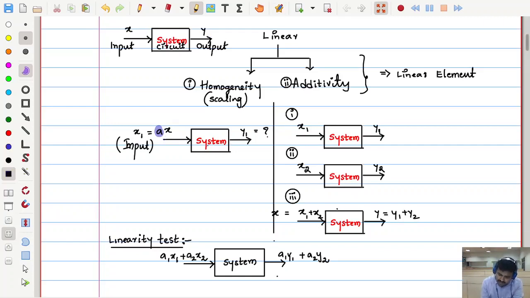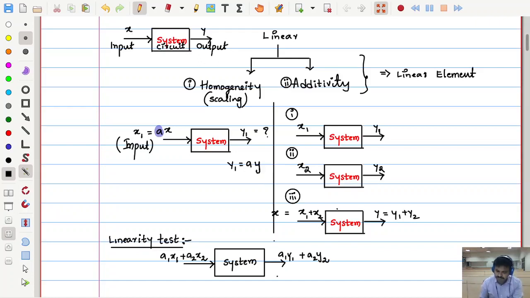Previously the input x produced an output y. If I give a times x, usually, if this system is linear and obeying the homogeneity property, this output y1 must be a times the output we got with an input of x, that is, a times y.